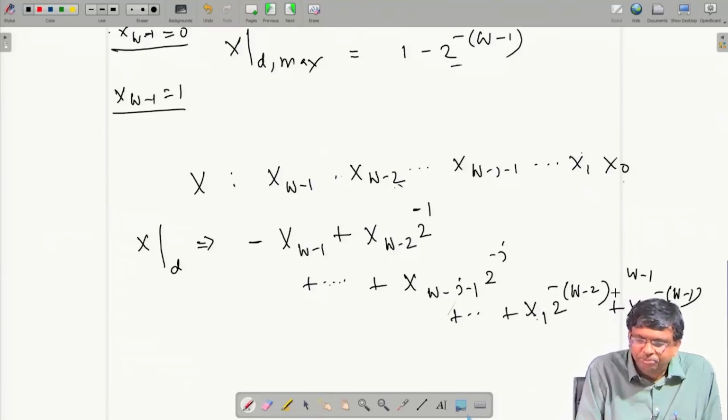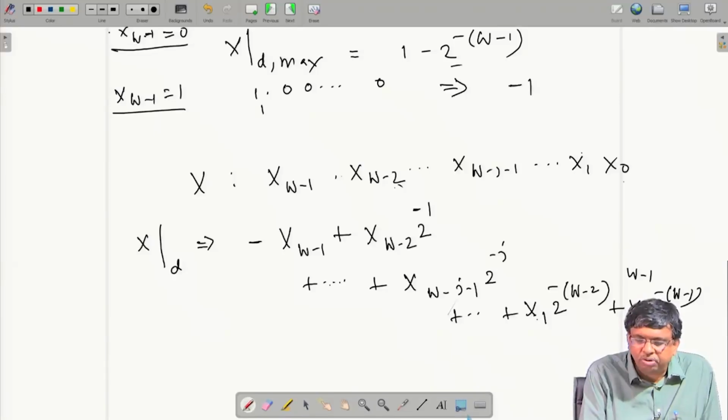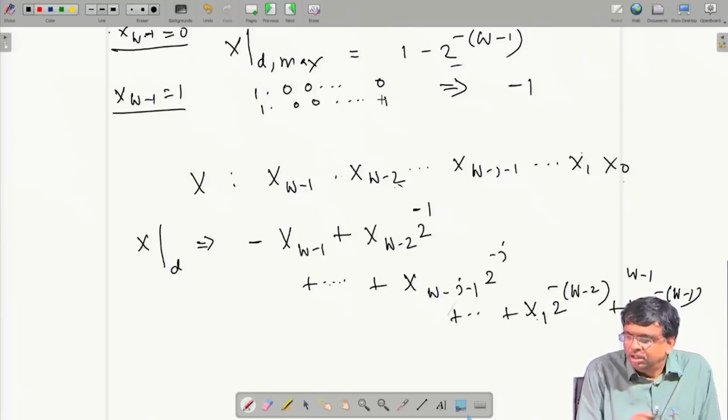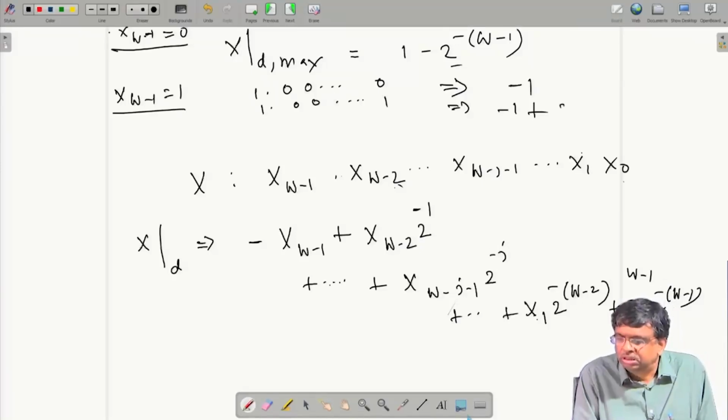So, if it is 1.00000, it will have a decimal value equal to minus 1. Minus 1 plus 0 times something, 0 times something, so it is 0. Then if you go up slowly, 1.00 dot dot dot 1, that means it will be minus 1 plus only this last fellow, because 1 is there, others are zeros.